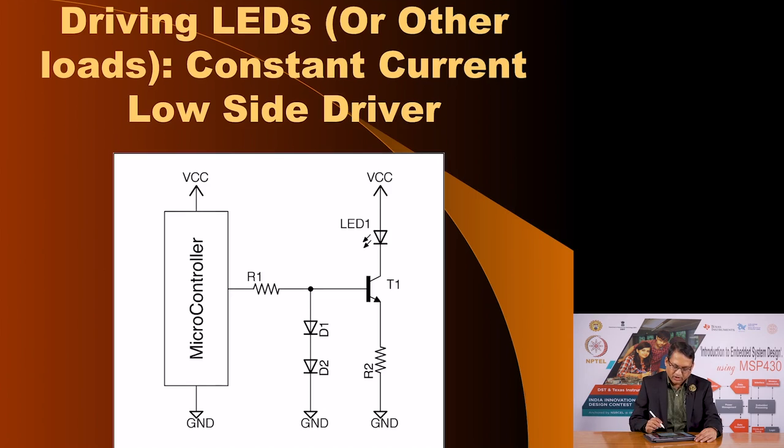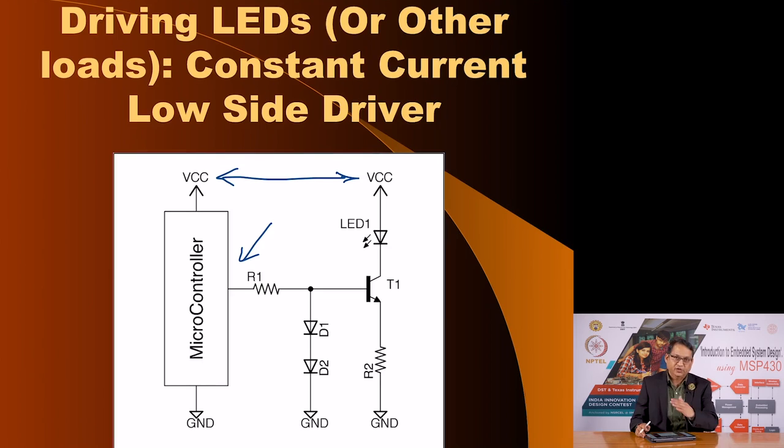Look at the configuration. Here is our output from the microcontroller. Our microcontroller is MSP430. Instead of a regular VCC from a regulated output, maybe this is a battery, as would be the case, let us say, in a TV remote.